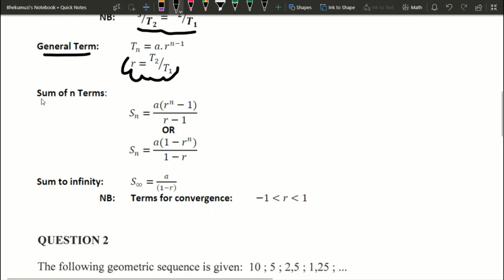And then we have the sum of n terms, and you have two formulas for it.